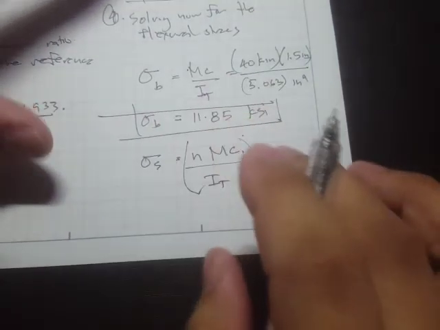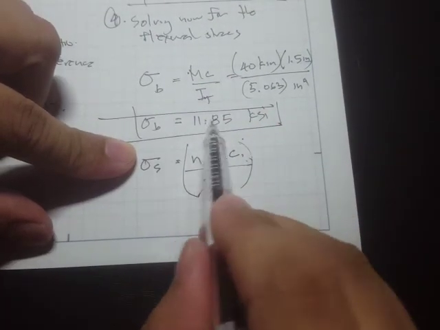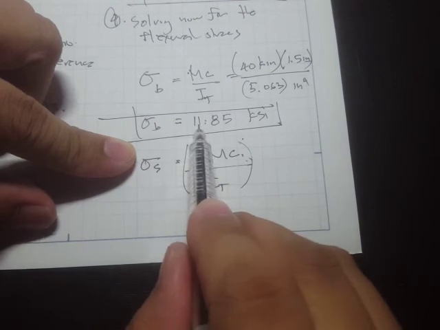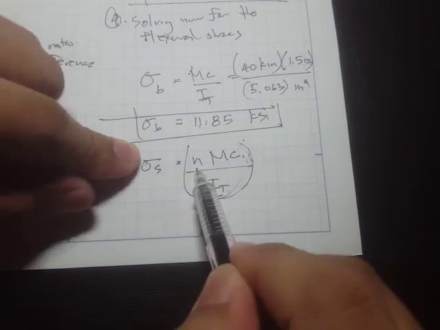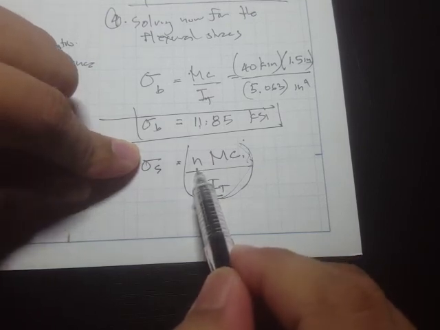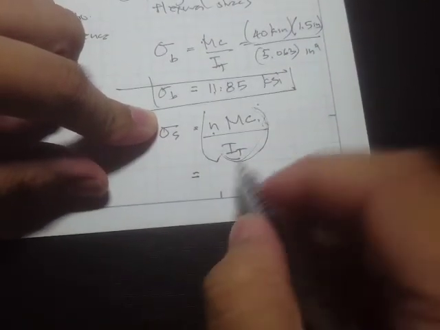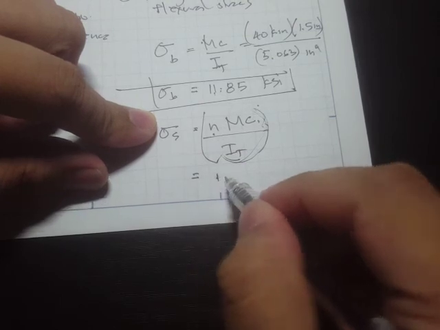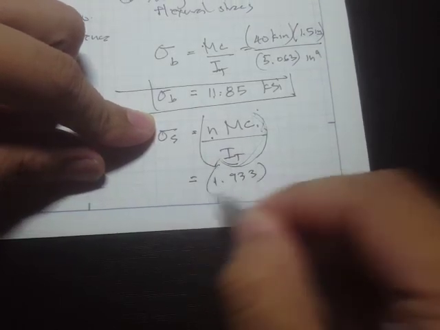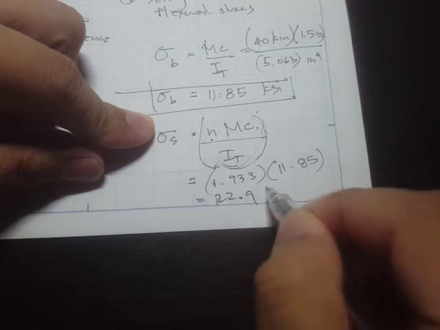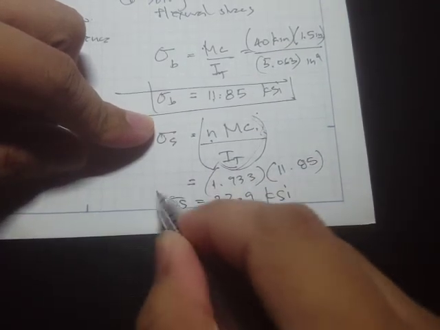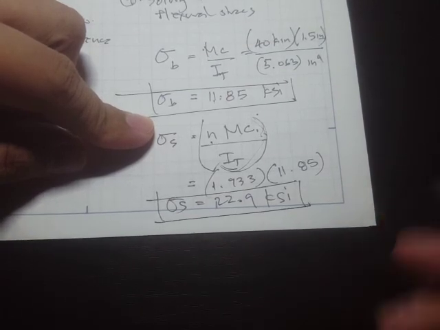It's just the same value, 11.85. And we just have to multiply that by the modular ratio. So what we get is 1.933 times 11.85, and this is 22.9 ksi. Okay, so that's it.